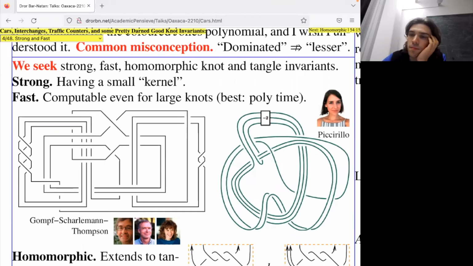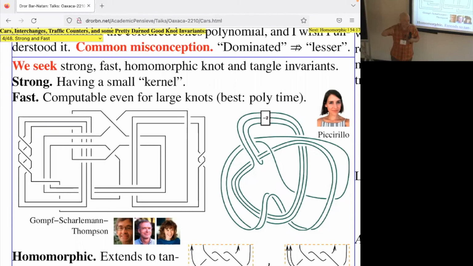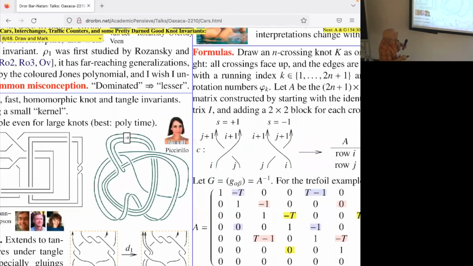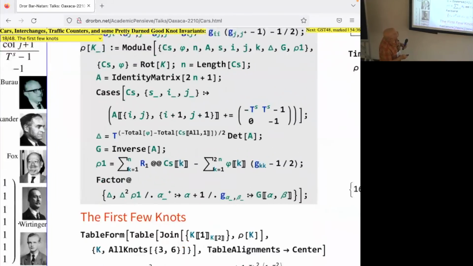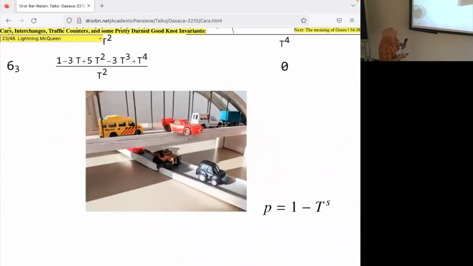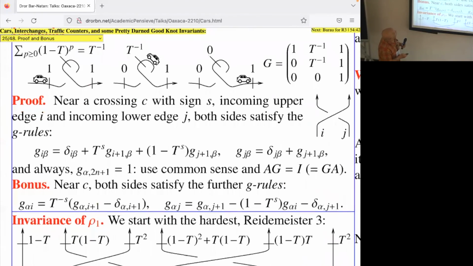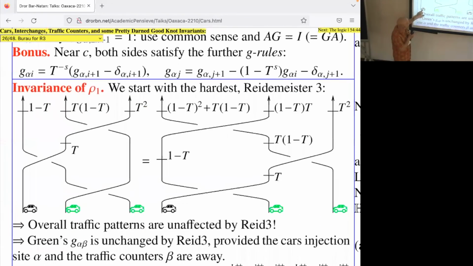The Alexander information is basically a matrix, roughly the Burau representation, except generalized to tangles. So basically, a matrix that tells you, if you put in a car in any of the inputs, what will a counter read at any of the outputs?